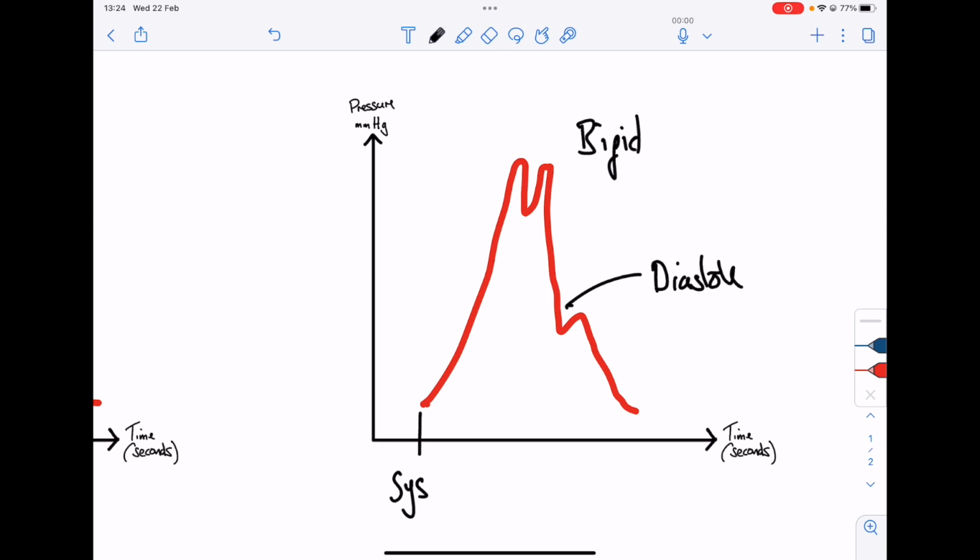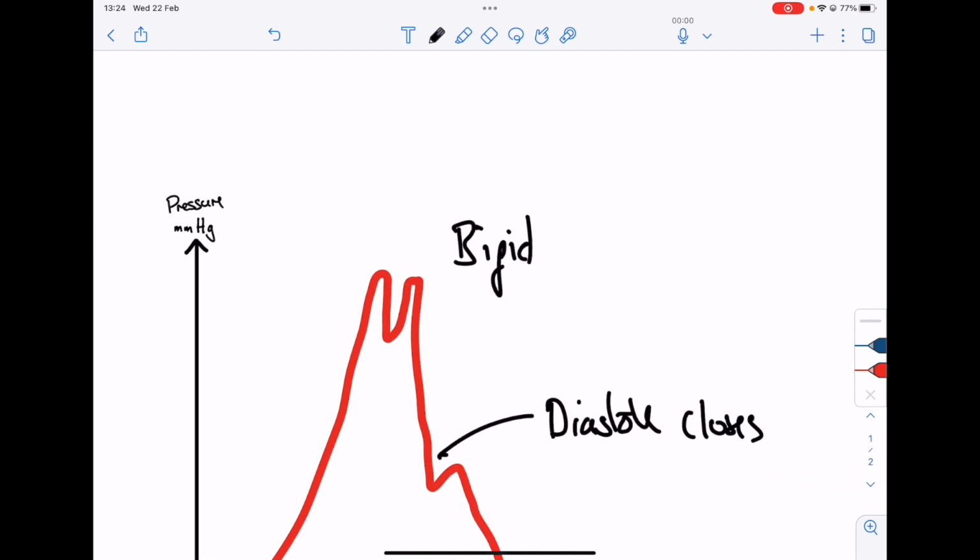We know that the aortic valve opens here, closes there, apparently. However, in this case, what's happened is the ejection of blood into the aorta has happened here. Excuse the knocking.